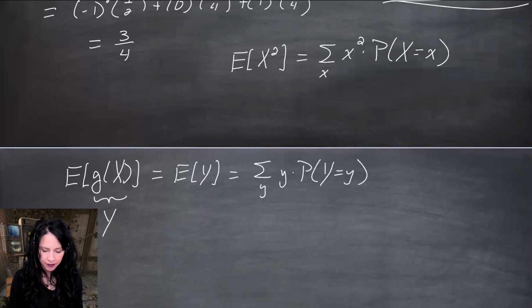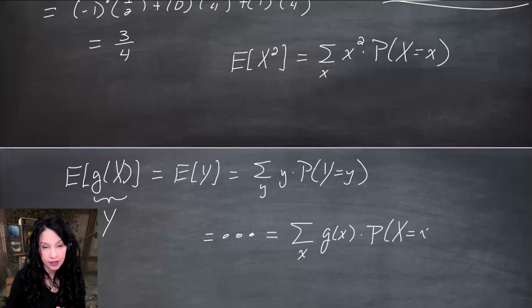But I claim, and we're going to prove this maybe next time, we're definitely proving this next week, I don't know about the next class, but maybe the one after that, that this is the same thing as the sum over x of g of x times the probability that X equals x.